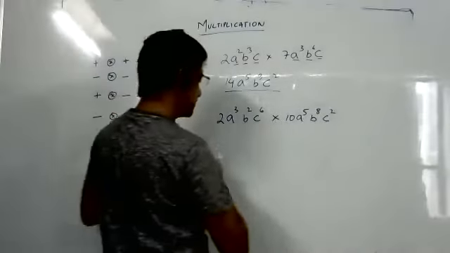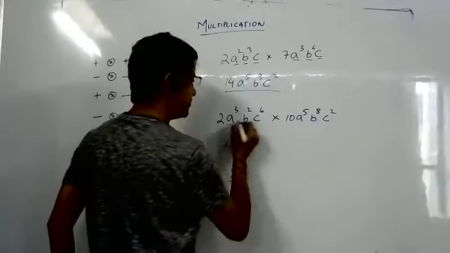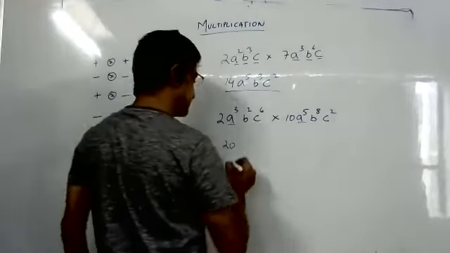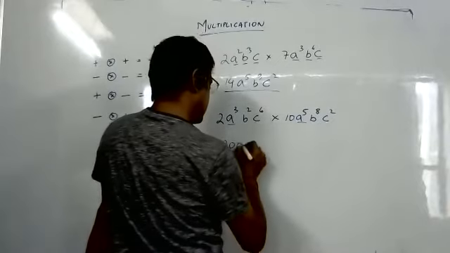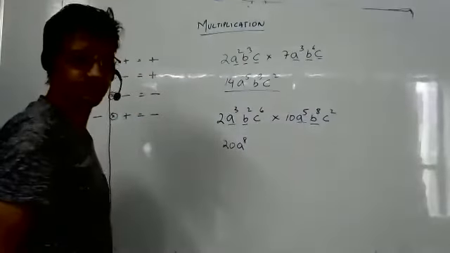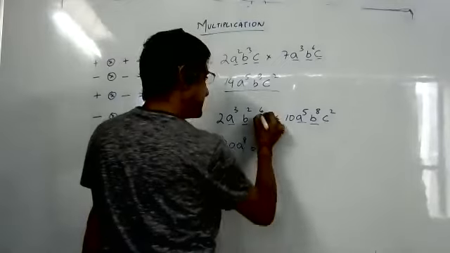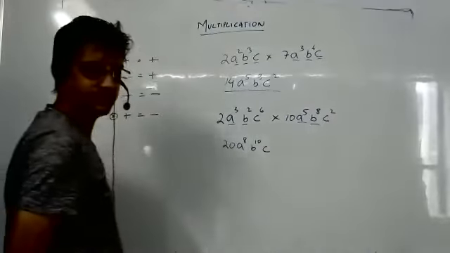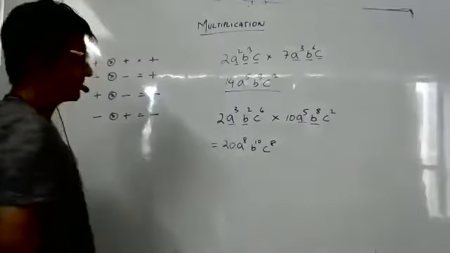Plus into plus, plus. 2 into 10, 20. a to the power 3 into a to the power 5, a to the power 8. b square, b 8, b to the power 10. c 6, c 2, c to the power 8. So this will be the answer.